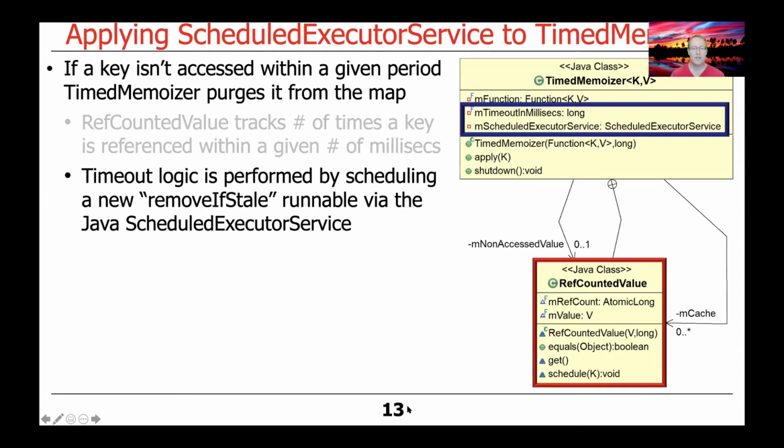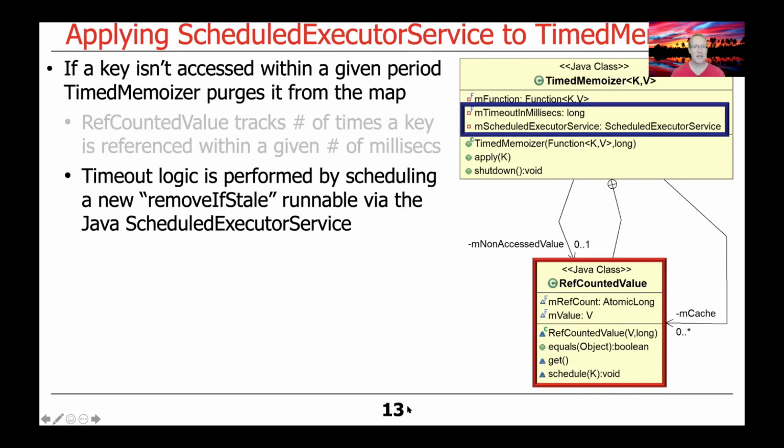And the way we're going to do this is we're going to have a runnable, which we'll look at when we explore the implementation in more detail in the next part of this lesson, called RemoveIfStale. And RemoveIfStale will essentially use the logic for timeouts to go ahead and remove the key value pair if it is not accessed within the time frame designated by the given period. And of course, the whole point of this is to demonstrate the Java scheduled executor service.